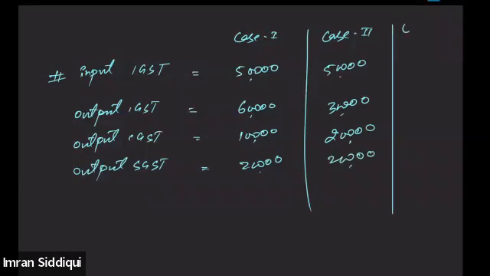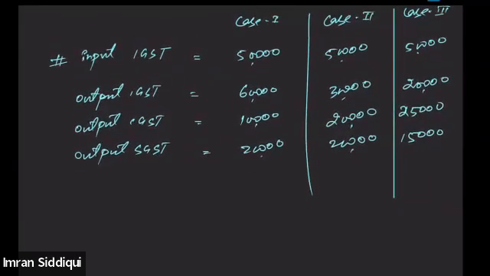Case number three, let's presume the IGST that we paid is 50,000. We collected 20,000. Okay. And we have, let's suppose, 25,000 and 15,000.